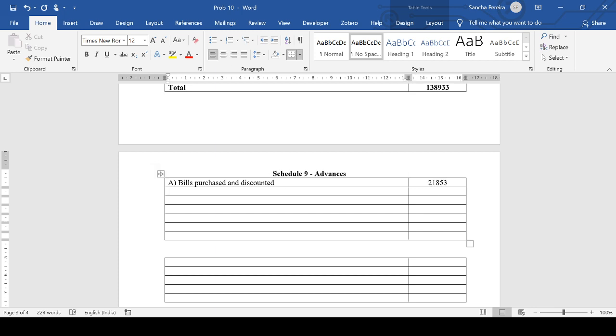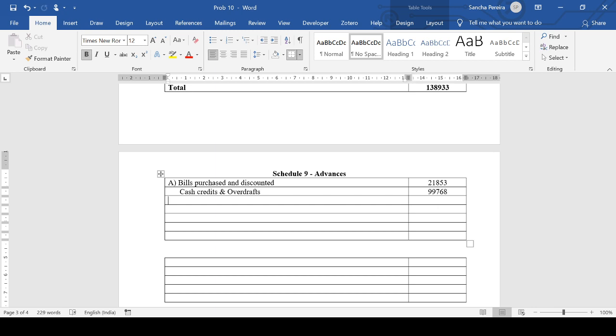Then we have cash credits and overdrafts, which is 997.68.